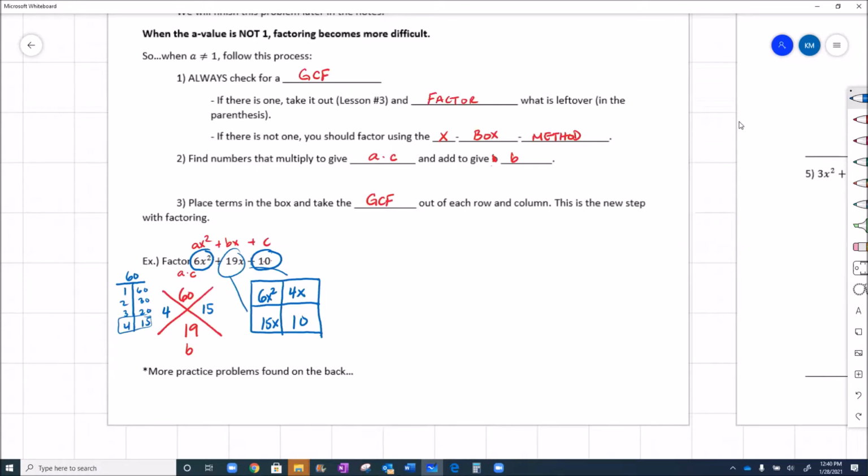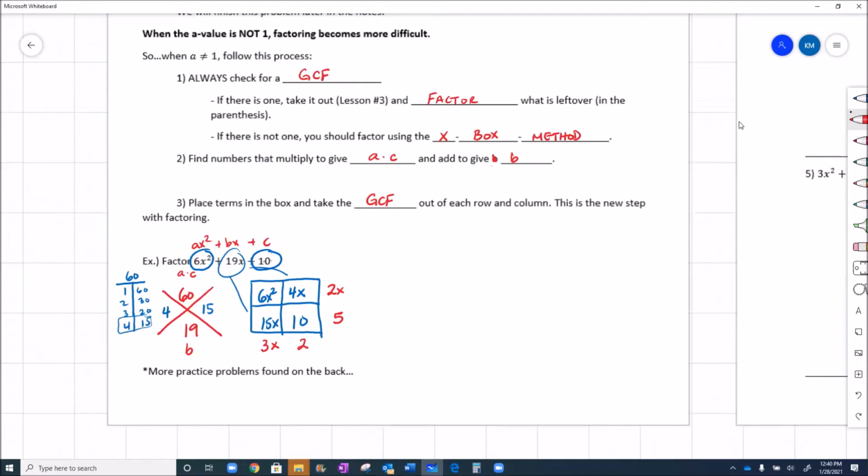Okay. Now that we're there, we go through each row and each column, we take out the GCF. So what's the highest number that fits into 6 and 15? 3. That fits into x squared and x. Okay. 6x and 4x, 2x. 5x and 10, 5. 4x and 10, 2.